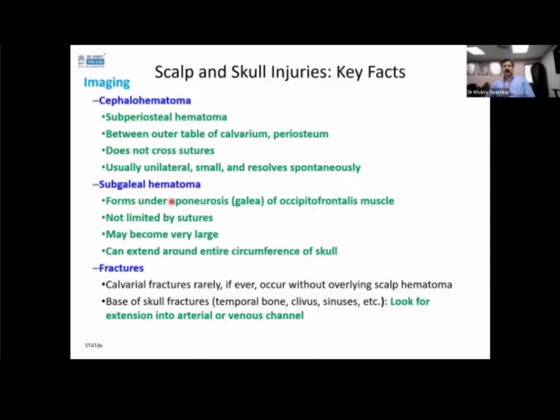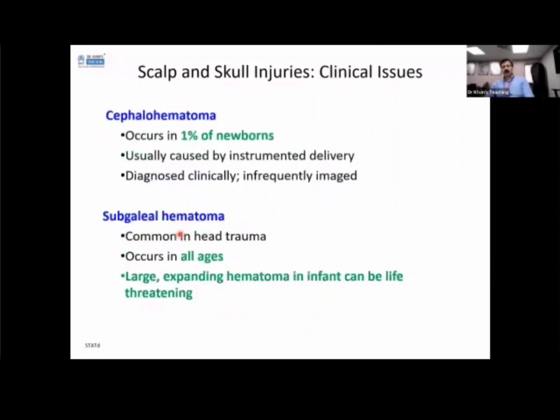Subgaleal hematoma, on the other hand, so this cephalohematoma does not cross sutures. And a subgaleal hematoma forms under the galeal aponeurosis of the occipitofrontalis muscle. It is not limited by sutures and it can be very large. Point to remember, cephalohematoma can be seen in 1% of newborns, usually caused because of forceps delivery, etc. On the other hand, subgaleal hematoma is usually seen in all age groups.